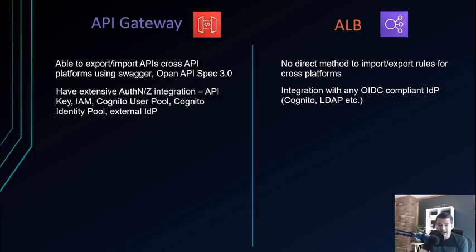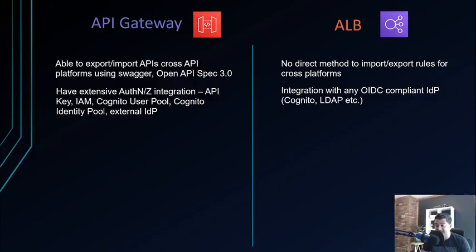API Gateway has extensive authentication and authorization, authn/authz, integration. Out of the box, it integrates with API Key, IAM, Cognito User Pool, Cognito Identity Pool, and external identity provider.